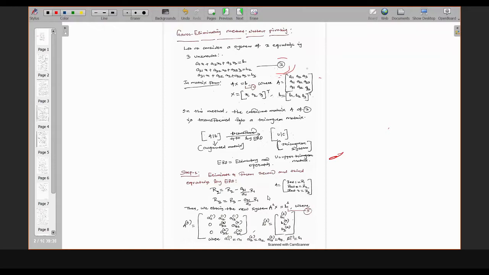The coefficient matrix of the system is A, that is Ax equals b, and A is a coefficient matrix of size 3. The elements of this matrix are A11, A12, A13, A21, A22, A23, A31, A32, A33.